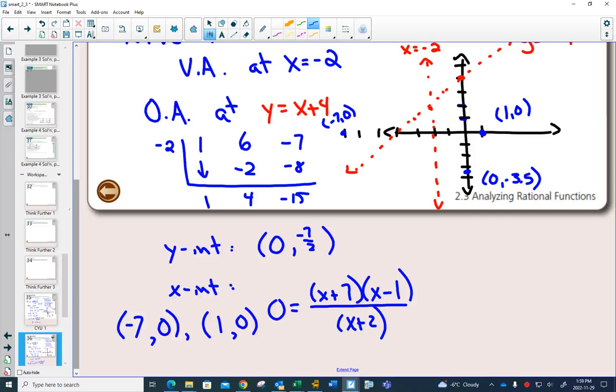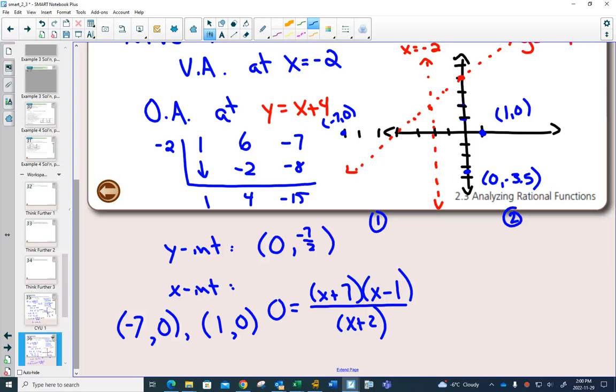This one has 2 sections. The section when x is on this side of -2, and the section when x is on this side of -2. It only has 2 sections. Do we have a point in section 1? Yes. -7, 0. Do we have a point in section 2? We actually have 2. We do not need any more points. We are ready to draw the graph.